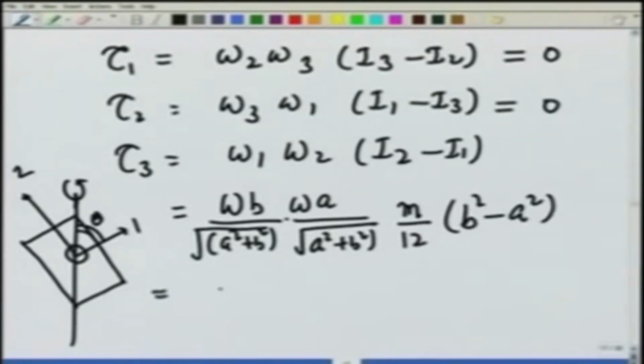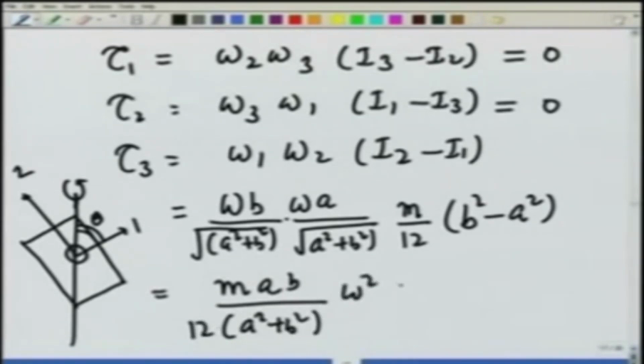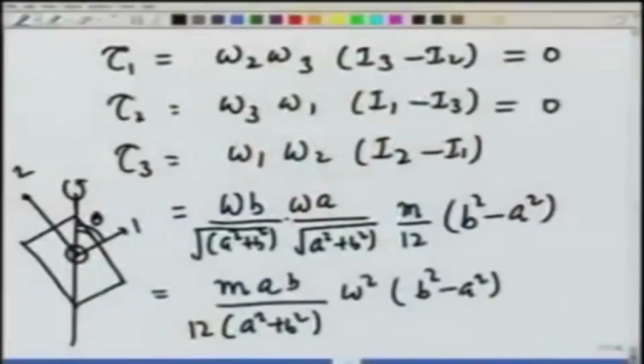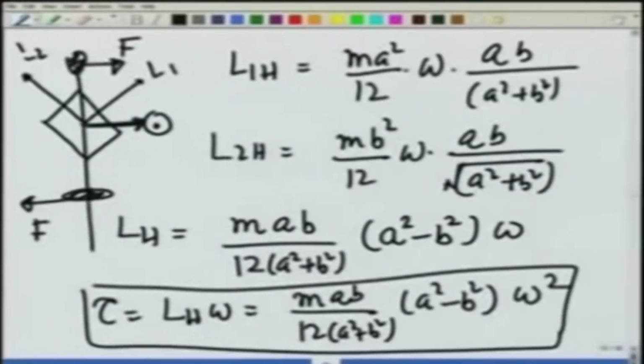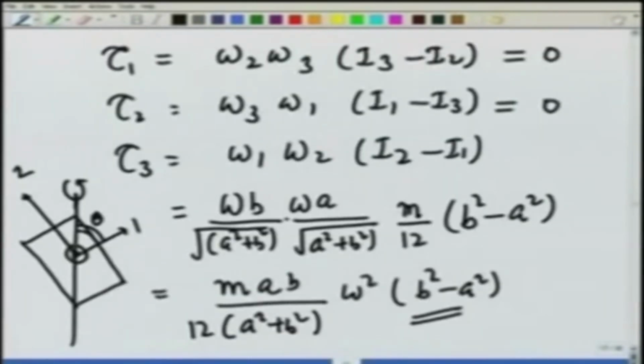So, this gives me the same answer, m a b over a square plus b square, 12 omega square, b square minus a square. This is, remember, the third component. This is negative, which means it is going into the plane of the screen. So, this gives me the right direction as well as the right magnitude as we calculated earlier, which was a square minus b square, but going into the plane. Similarly here, since axis 3 is coming out of the plane, I get a negative tau 3. So, that means torque again is going into the plane.